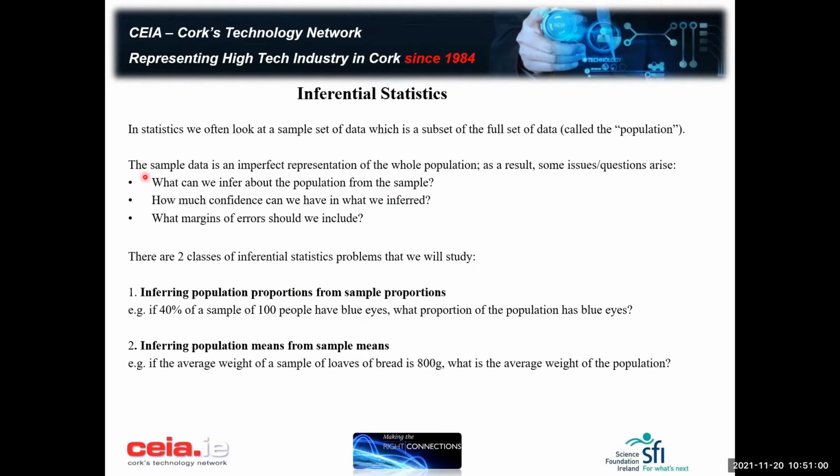So, as I say here, the sample data is an imperfect representation. And so you have some questions. What can you infer about the whole population from the sample? How confident can you be in what you've inferred, and what margins of error are there on what you've inferred?